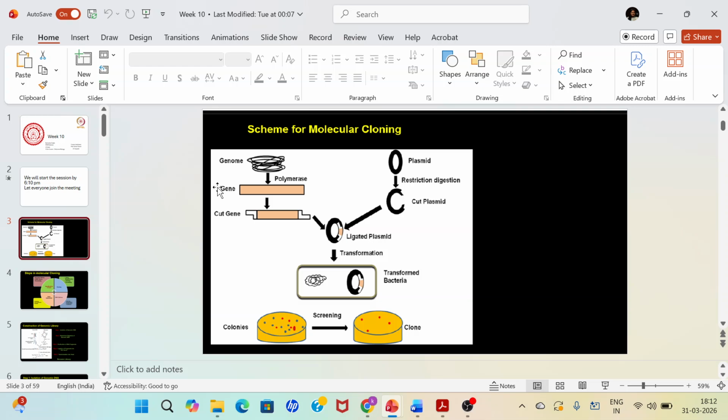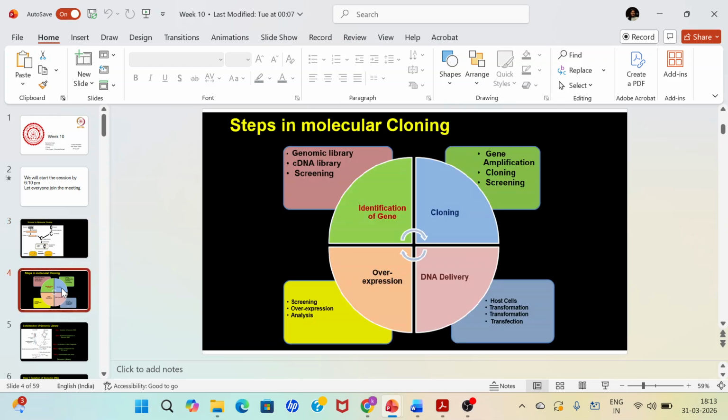There should be some kind of selection marker inside the vector, so that only those cells can be grown in which our fully cloned vector has gone, not the other way around. Okay, so this was the general idea of molecular cloning.